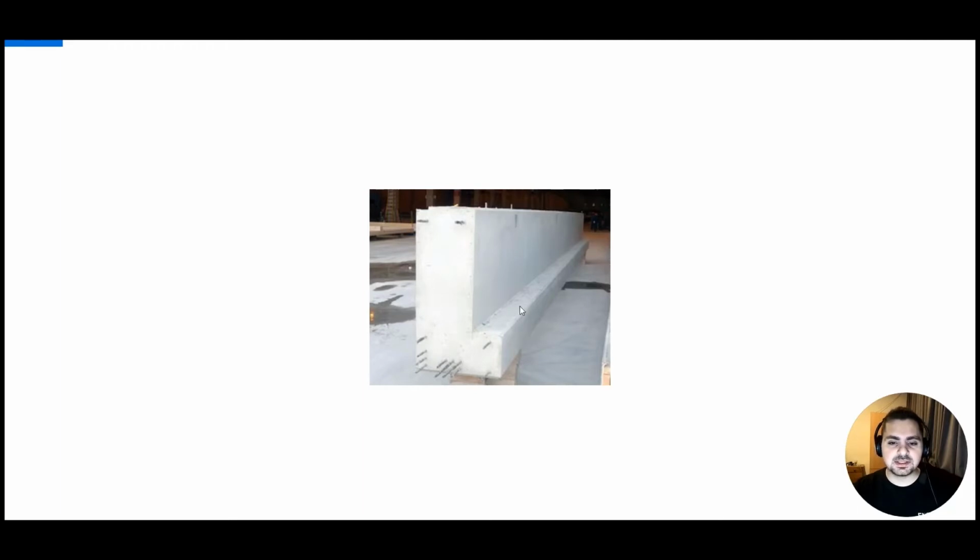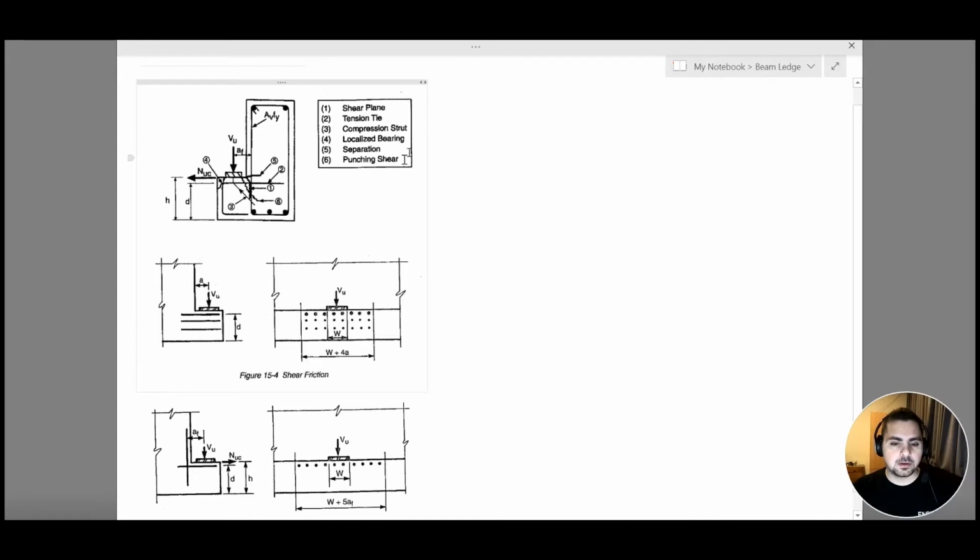Now when we want to design for a beam ledge, just like what we did with our corbel, there are several failure criteria that we need to take into consideration. So let's go over them one by one. If we look here, the first four criteria are similar to my corbel. One, we have our shear plane.